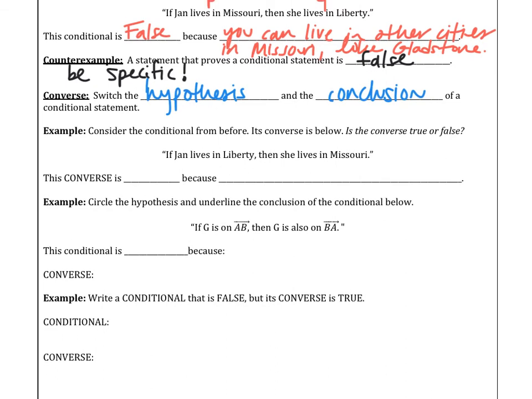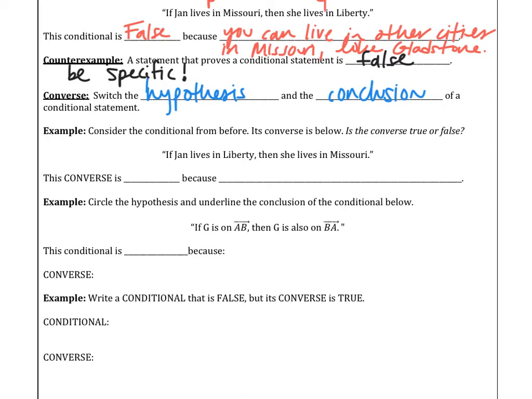All right, here's an example. So the conditional from before was if Jan lives in Missouri, then she lives in Liberty. The converse is that you flip that. If Jan lives in Liberty, that's first now, then she lives in Missouri. So let's think about that one, if it's true or false. If she lives in Liberty, then she lives in Missouri.